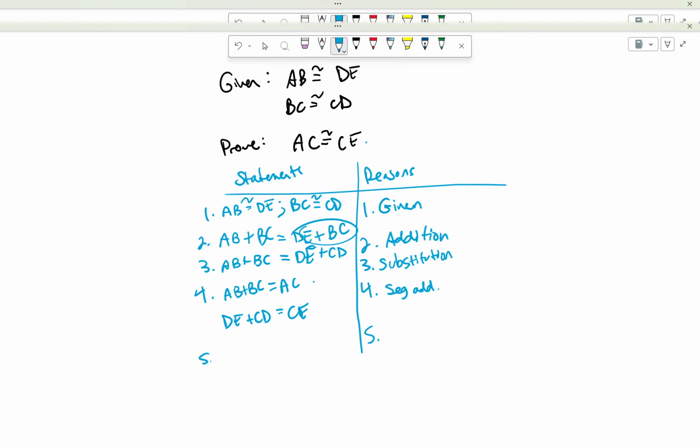DE plus CD, and then DE plus CD, is equal to CE. So I can say that AC is congruent to CE, because AB plus BC is DE plus CD, and AB plus BC is AC. DE plus CD is CE. This is the transitive property. It's my little syllogism that I have here. All right, there we go.